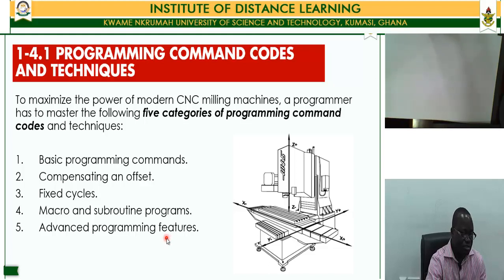We will be looking at the first 4, but let's quickly go through the 5. We have basic programming commands, compensation offsets, fixed cycles, and macro and subroutine commands.